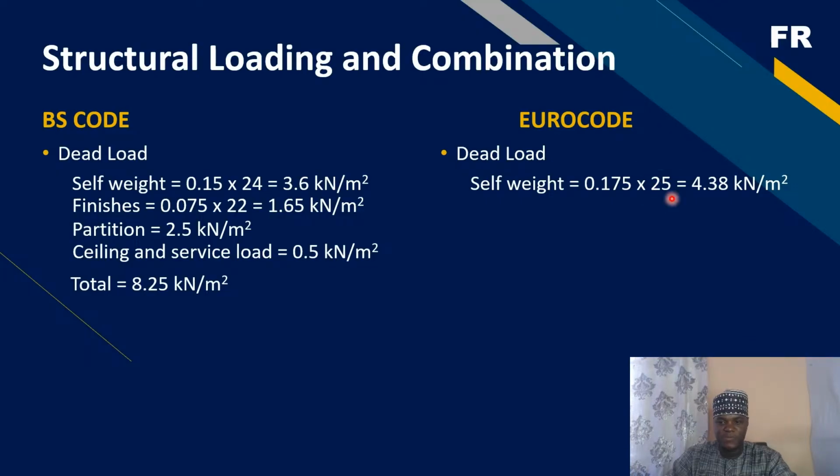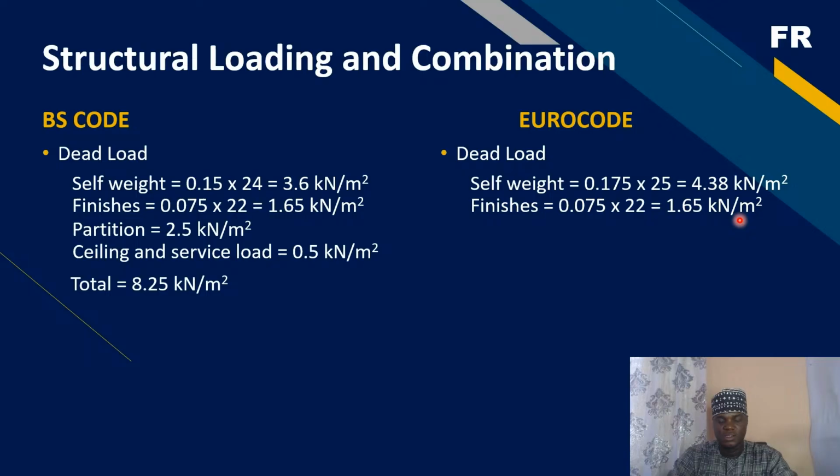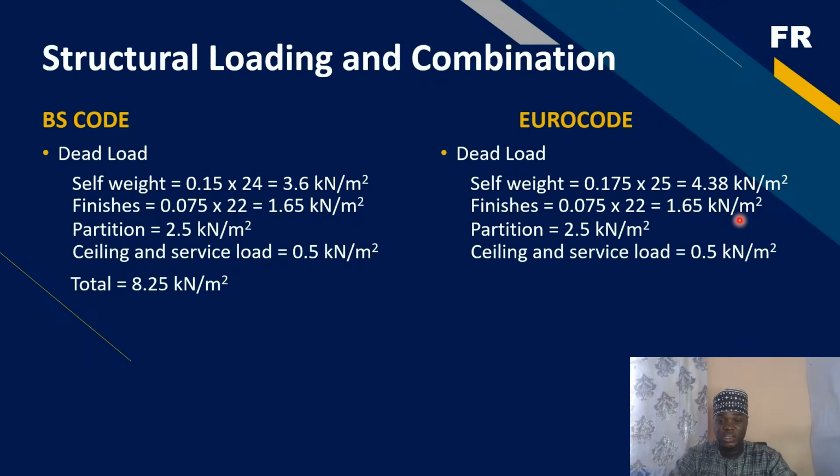That gives us an increase in self-weight of the slab from 3.6 to 4.38. Finishes is going to be the same, and the same goes for partition, service, and ceiling loads. Then, due to the increment in the self-weight, the total load is also increased to 9.03.